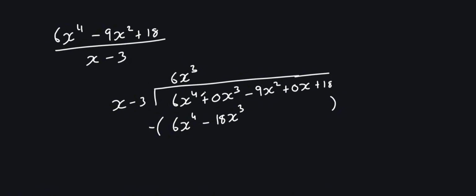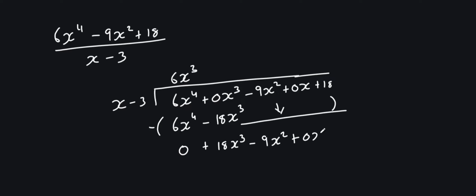So this 6x to the 4th minus 6x to the 4th is 0. 0 minus 18x cubed is the same as plus 18x cubed. And then everything else, we just drop to the next level. So that would be minus 9x squared plus 0x plus 18.